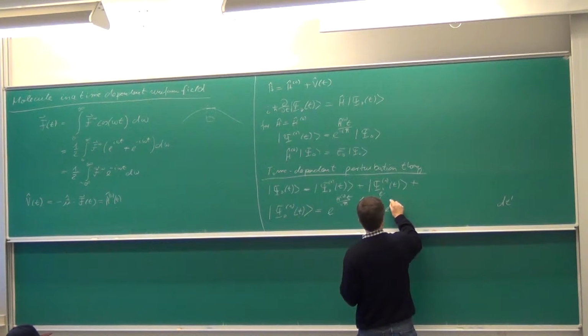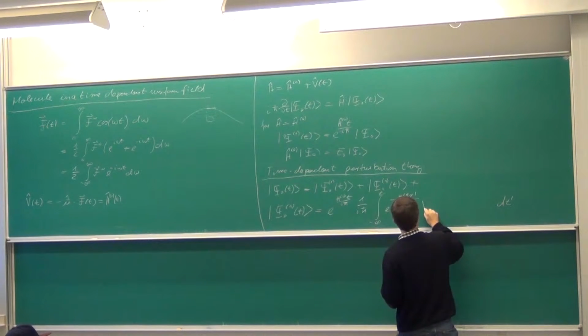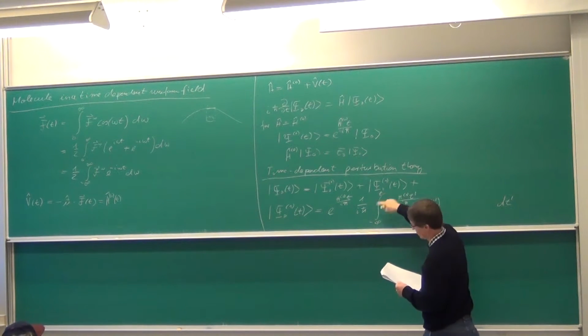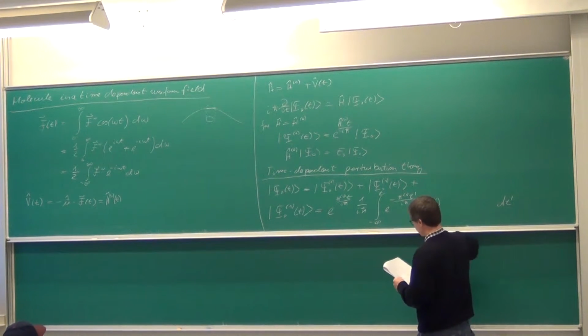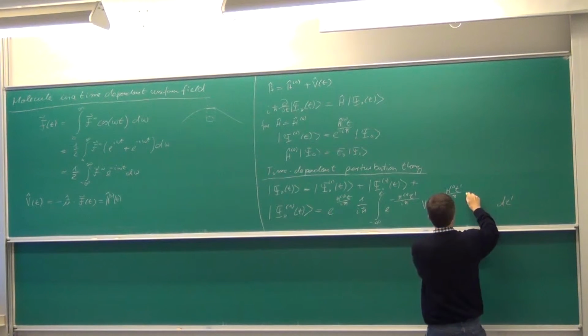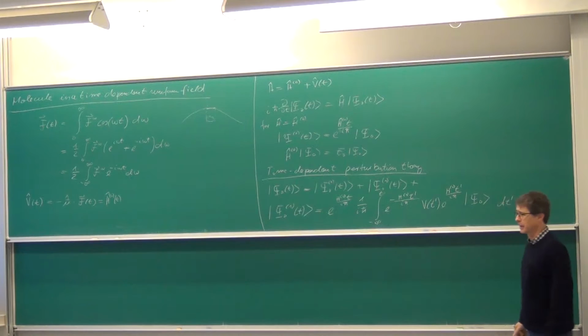And then I get almost the same exponential, but now obviously always with t prime. My perturbation, as a function of t prime, for all the times t prime up to the present time, which is t. And all that acting on the unperturbed time-independent state.